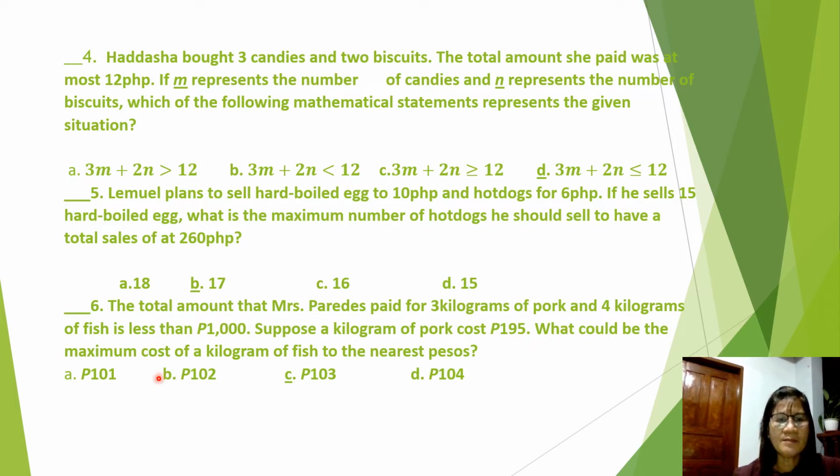What could be the maximum cost of a kilogram of fish to the nearest pesos? Okay, so sana naintindihan nyo, no? What could be the maximum cost? Halaga. Yung pinakamataas na presyo ng fish. Okay, the answer is 103 pesos.